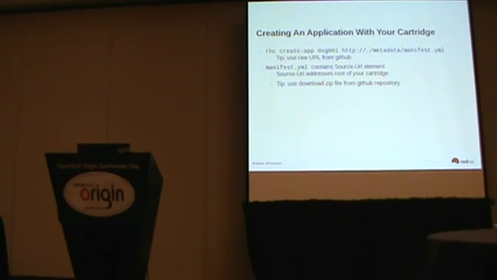The manifest has a source URL that we expect will point to a tarball or a zip of your cartridge source. So the combination here is the broker that was up in the upper right corner of my first slide goes and gets the manifest.